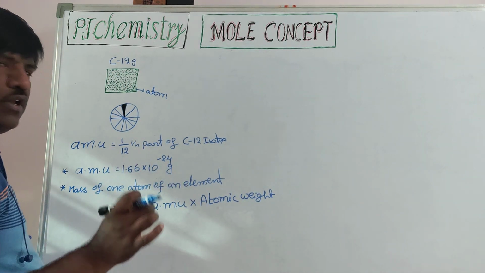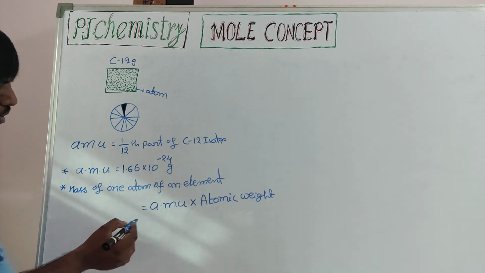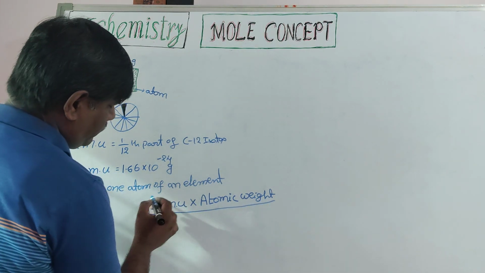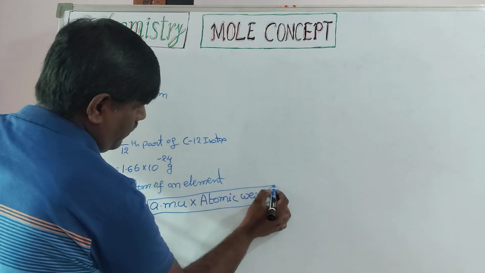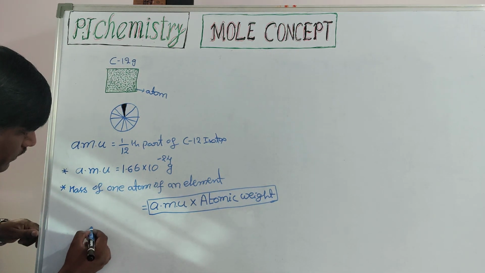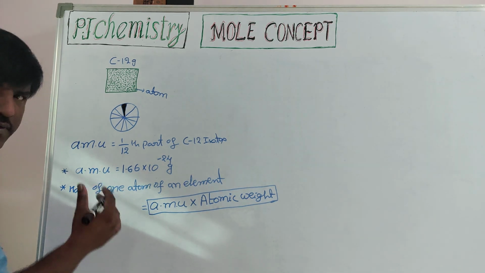AMU is fixed for any element: 1.66 into 10 to the power of minus 24. For example, we discussed already in the previous video, carbon.